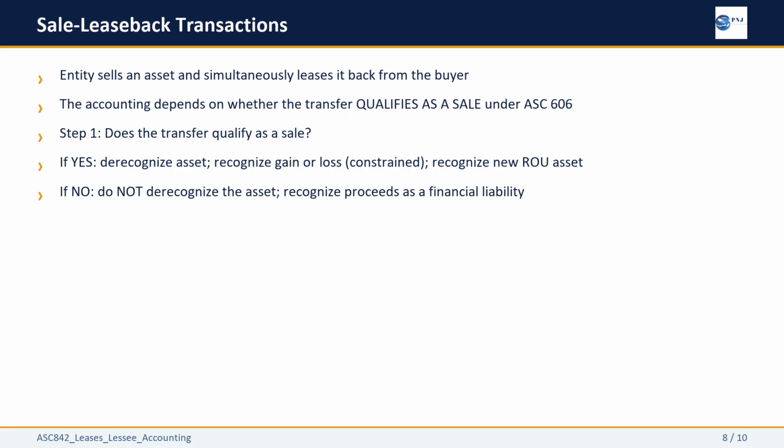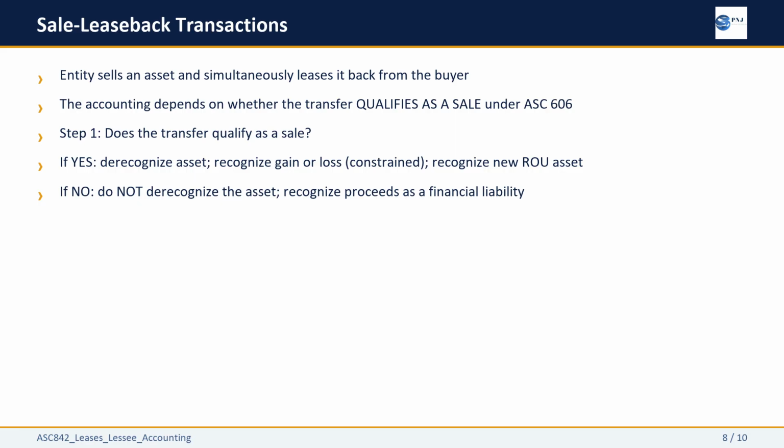Sale-leaseback transactions have a specific logic. An entity sells an asset and immediately leases it back. These are common in real estate. The critical first question, which determines everything, is whether the transfer actually qualifies as a sale under ASC 606, the revenue recognition standard. If the transfer meets the criteria for a sale, derecognize the old asset, recognize the proceeds, and record a new ROU asset and lease liability for the leaseback.